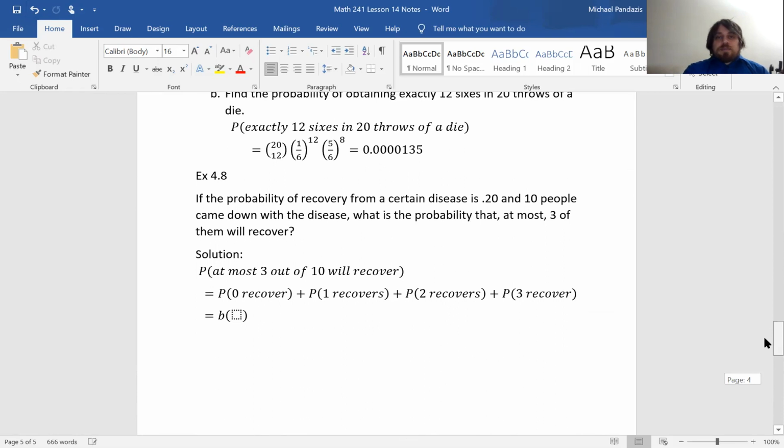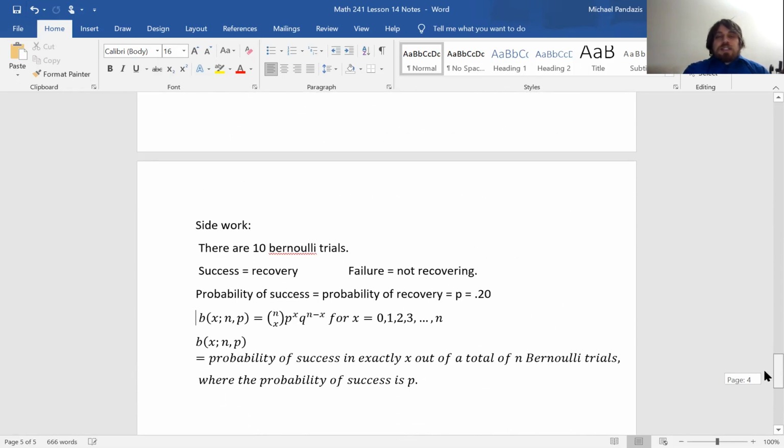And so that's P. And there are 10 Bernoulli trials, so N is equal to 10. Success is recovery. Probability of recovery is 0.20. So P is equal to 0.20.